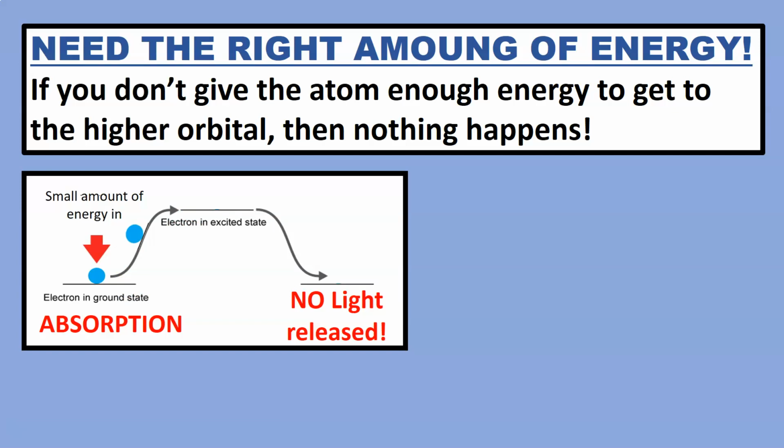You may need just a little bit of energy, you may need a lot of energy. It's very unique based on the elements. Each element is going to have a slightly different setup in terms of where its energy levels and orbitals are. And so the amount of energy that it takes to push an electron to a higher level will be different based on which element you're talking about.